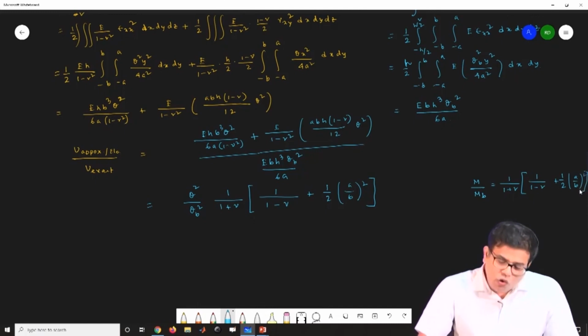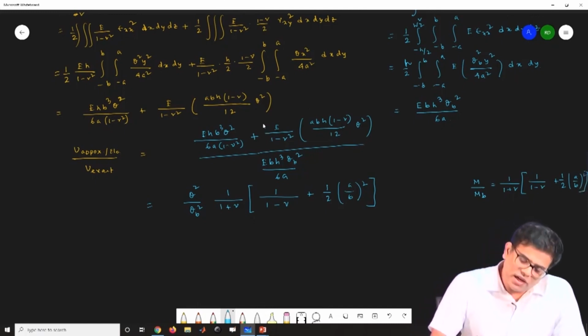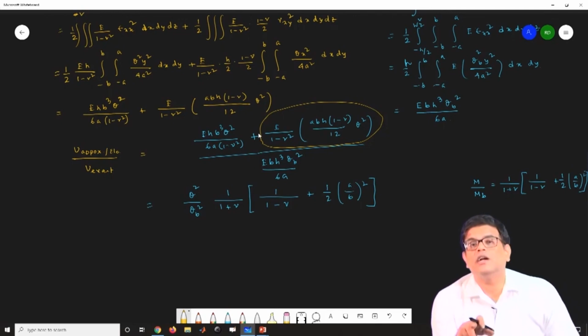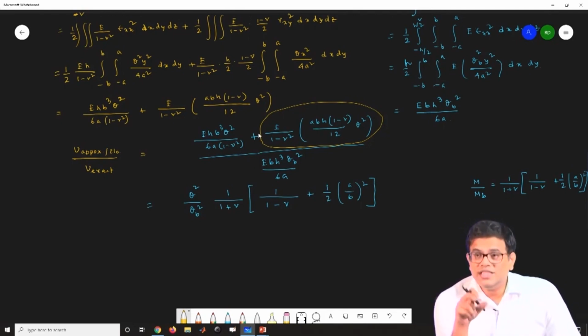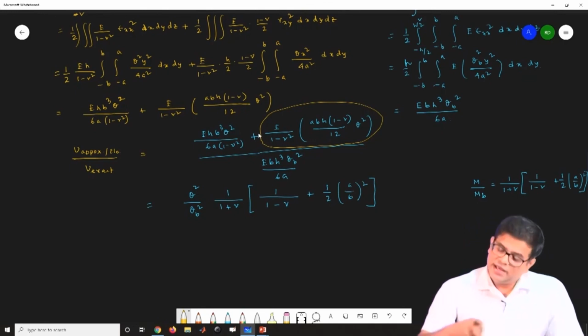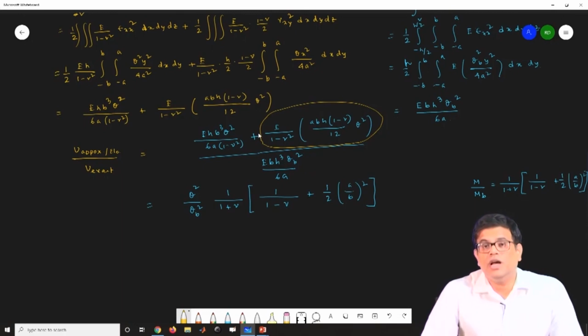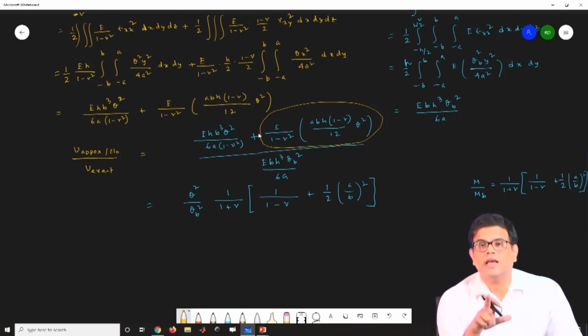And this is purely due to this spurious shear term developed in the four-noded bilinear element. So this spurious energy term is contributing this shear, and this is known as the parasitic shear.